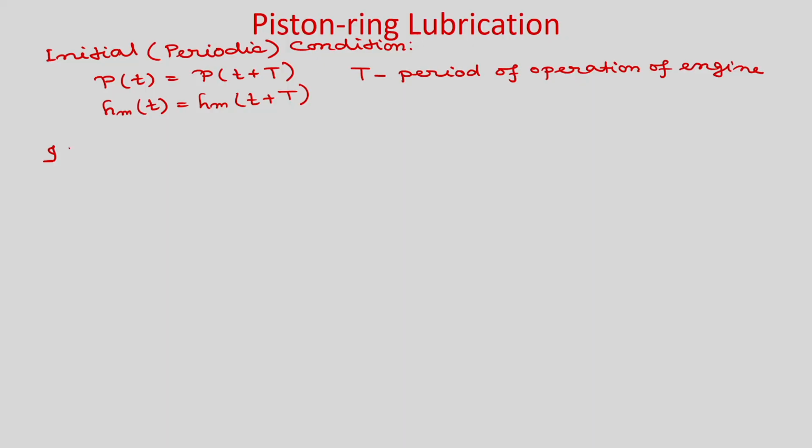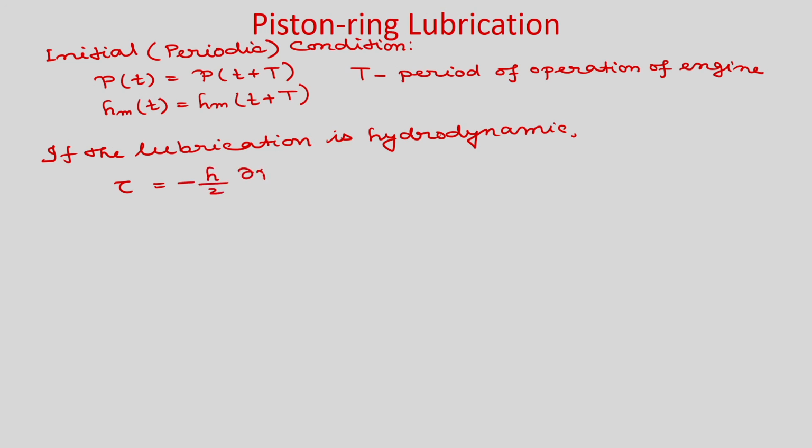If the lubrication is hydrodynamic, that means there will always be lubricant between this ring surface and the cylindrical surface, then we can write the shear stress tau as minus h by 2 del p by del x, plus mu del u by del z.